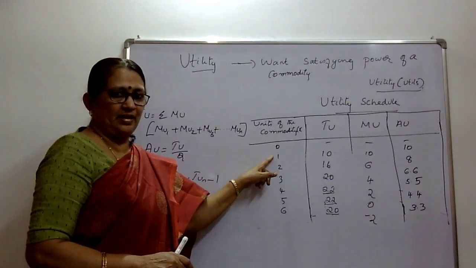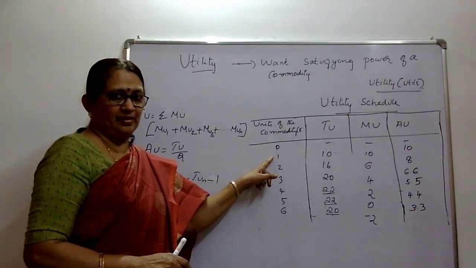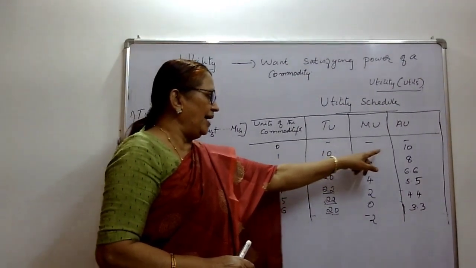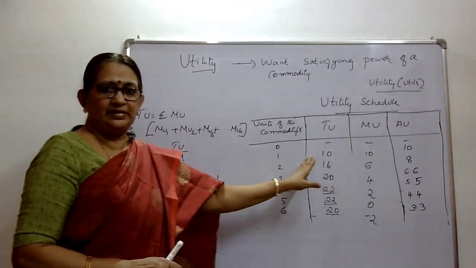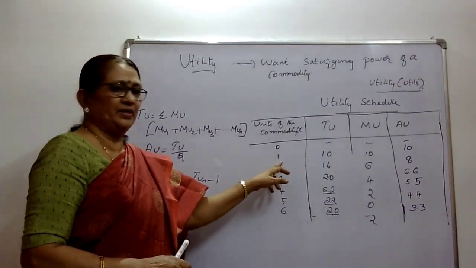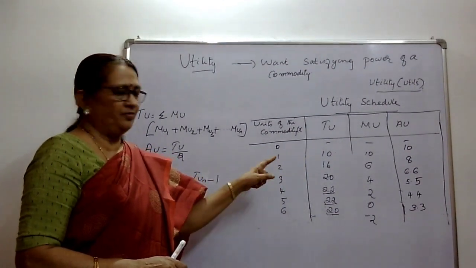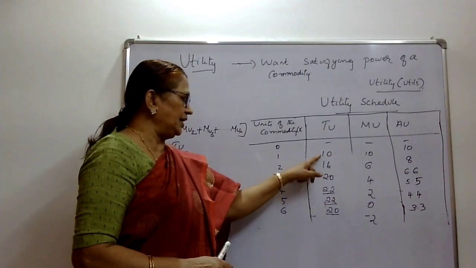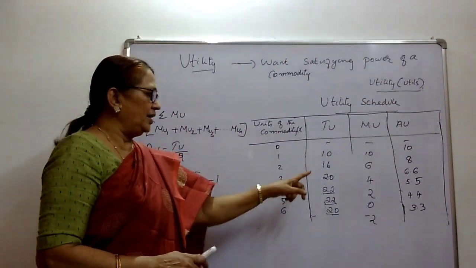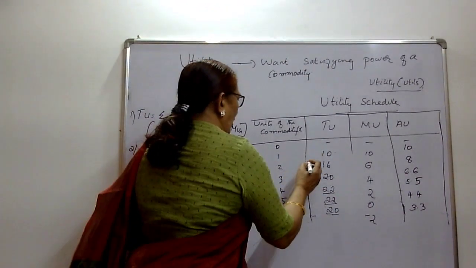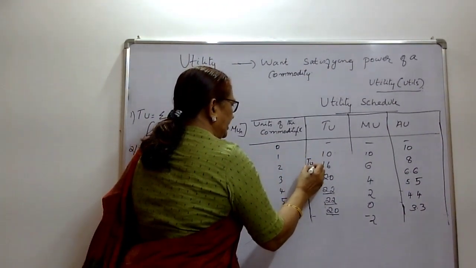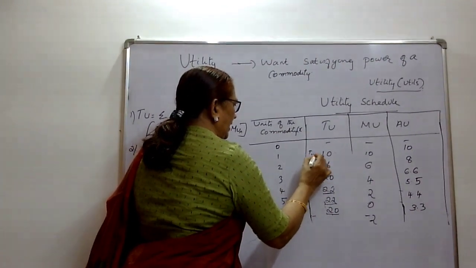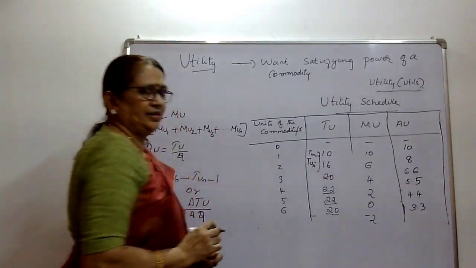At the first unit of consumption, total utility, marginal utility and average utility are the same. Now the consumer is consuming one more unit of the commodity. What is the extra gain? 6. That is 16 minus 10. So total utility of the nth unit minus total utility of n minus 1 unit.